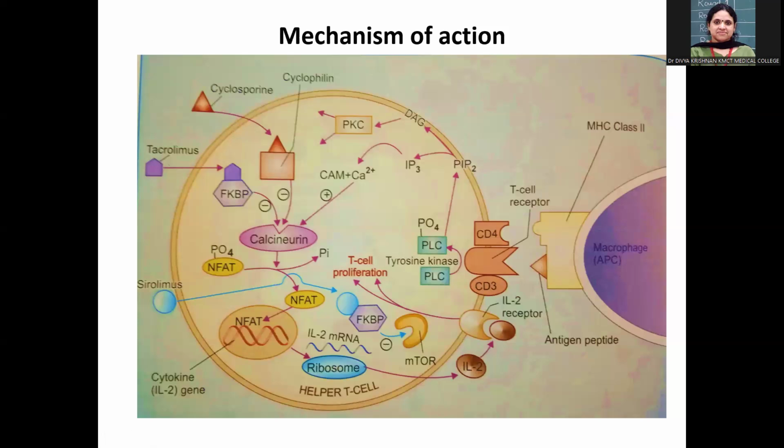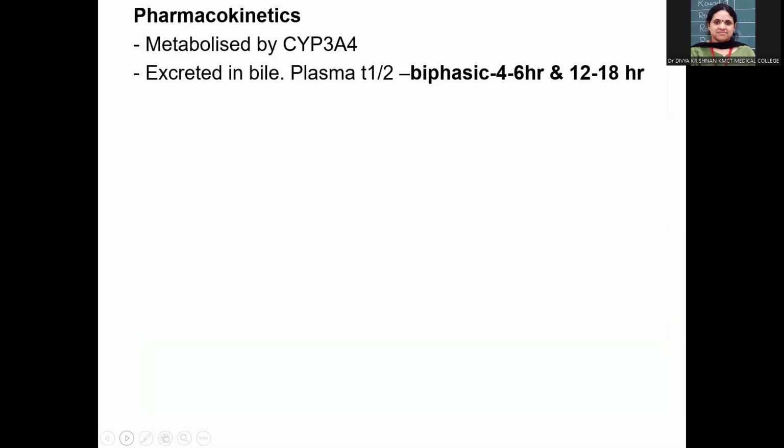So when you are going to describe the mechanism of action of cyclosporin, it is preferable that you first tell the normal activation of the CD4 helper T cell, and then you tell how the cyclosporin is inhibiting this process. Now let us look at the pharmacokinetics of cyclosporin.